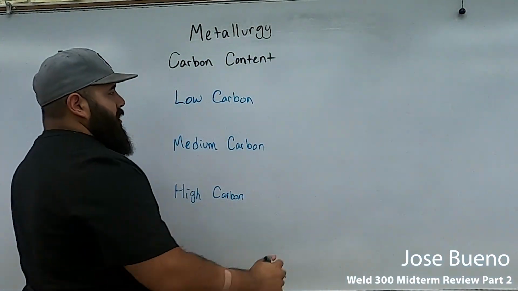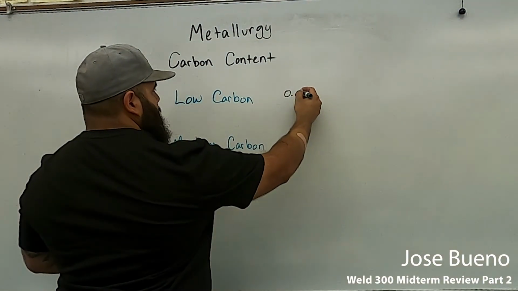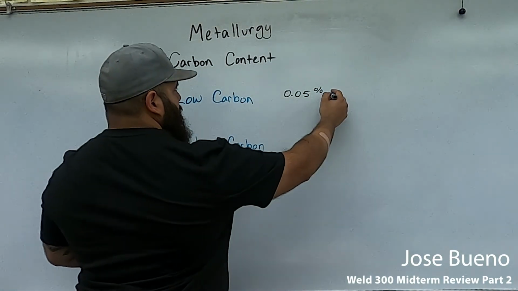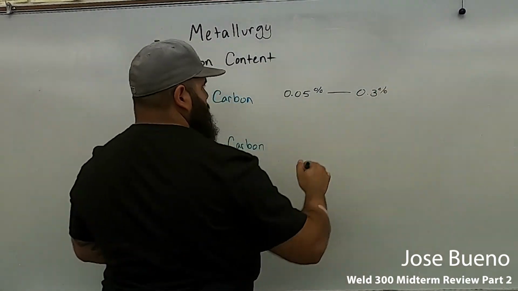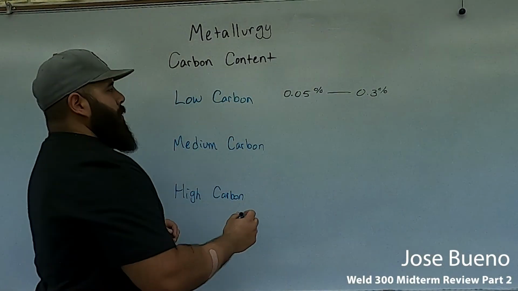So low carbon steel has a carbon content anywhere from 0.05% all the way to 0.3%. Medium carbon steel contains anywhere from 0.3% to 0.6%.